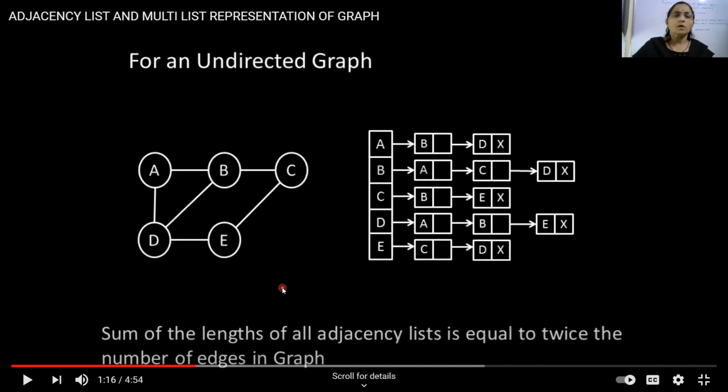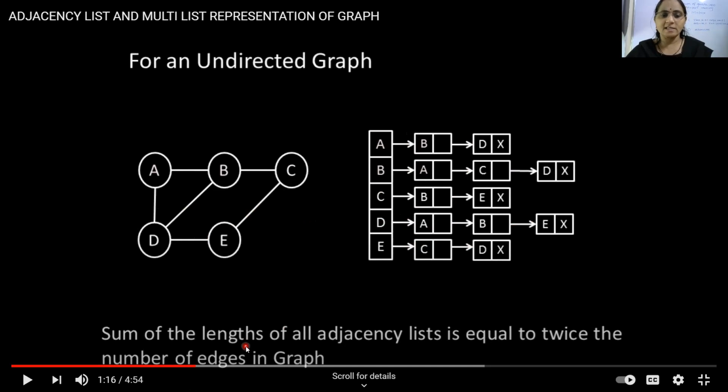This is because, for an undirected graph, see how many edges are in the graph? 1, 2, 3, 4, 5, 6. But after the representation of this graph into the adjacency list, now you check how many links are there. 1, 2, then 3, 4, 5, then 6, 7, 8, 9, 10, 11, and then 12.